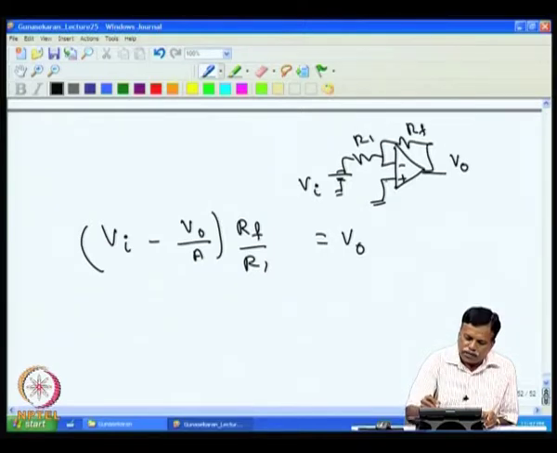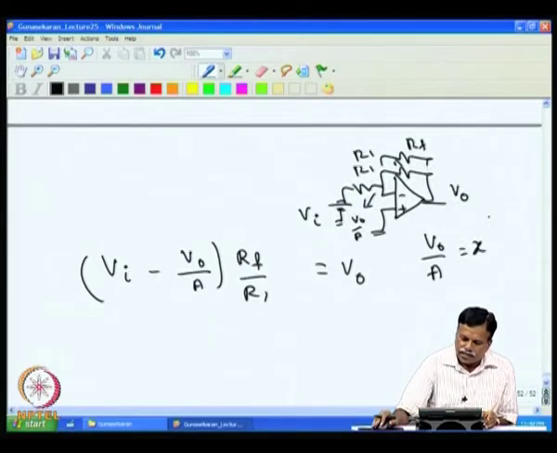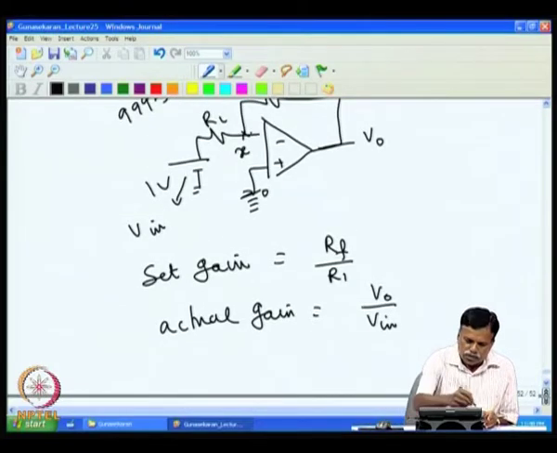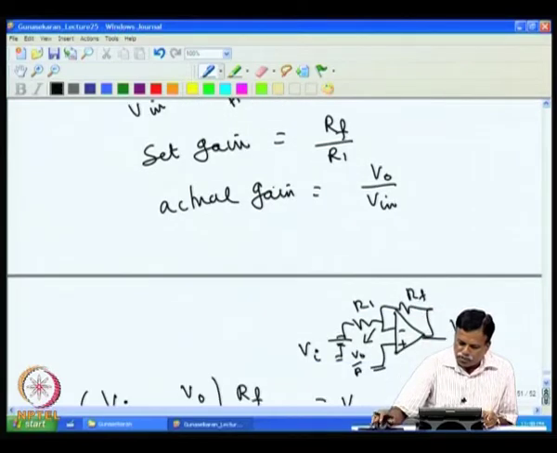So, I try to find out what voltage is applied here, it is Vi, and we know the voltage at this point is V0 by A, that is your x. So, V0 by A is equal to x that we defined at this point. Why is x equal to V0 by A?